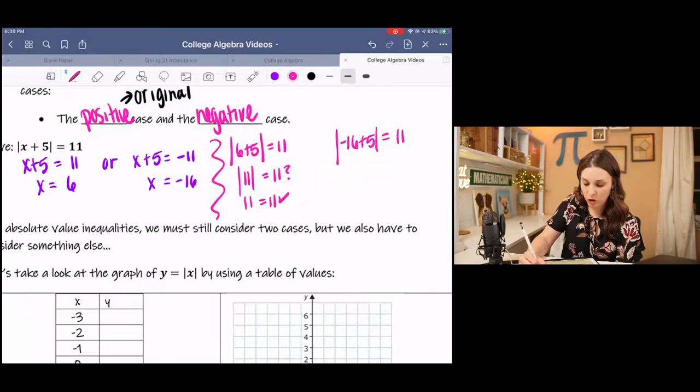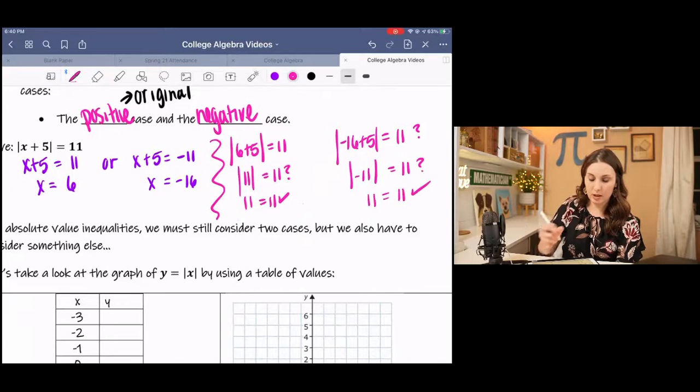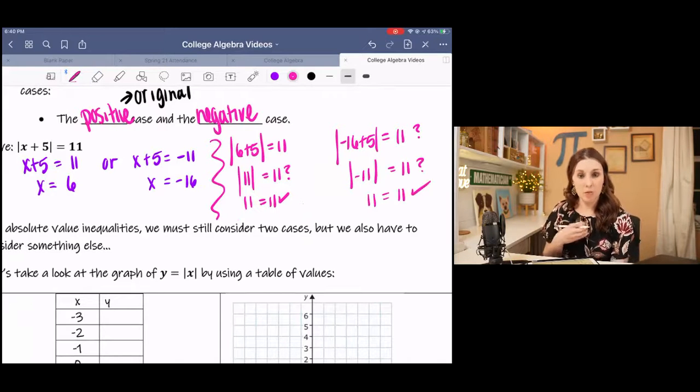The original equation is the absolute value of -11 equal to 11. And it is. Anytime you take the absolute value of something, you make it positive because it's representing a distance. So both of those check out. And both of those are my representations of that distance.